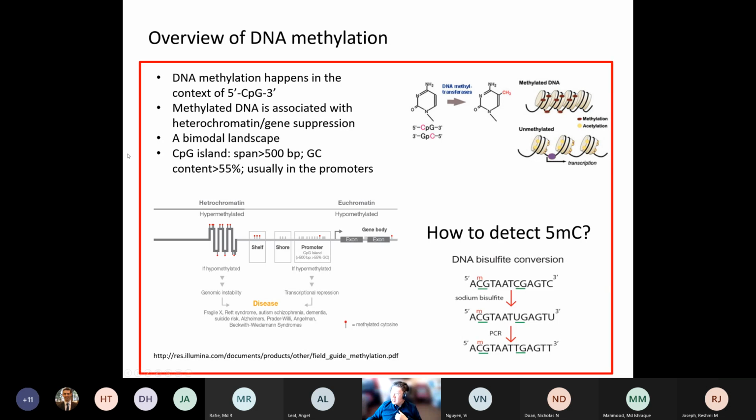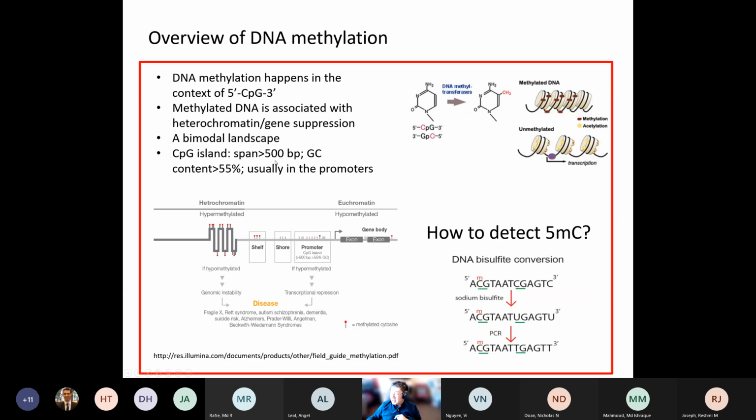In the next slide, I'm going to tell you that throughout the genome, we have a bimodal landscape of DNA methylation. But here, I just want to introduce two more important concepts. One is the CpG island. A CpG island is basically a region of the chromosome. We call it a CpG island as long as that region fulfills these criteria as shown here.